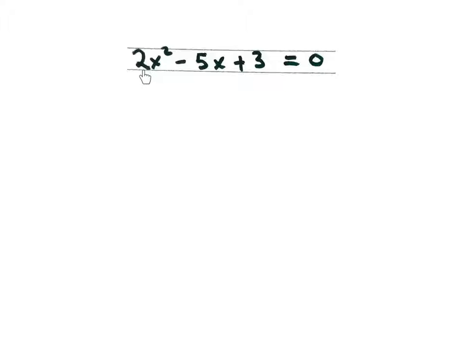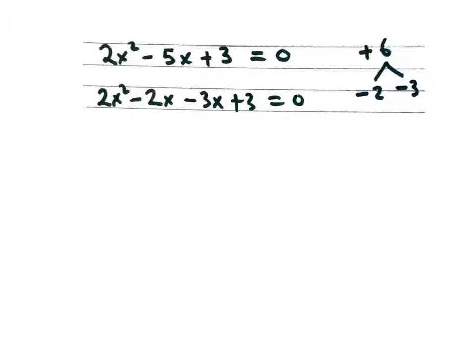So as before, the first step is to multiply this leading coefficient times 3. So we have 2 times 3 is 6, which we are going to break into 2. Now notice that this is a negative 5 up here.